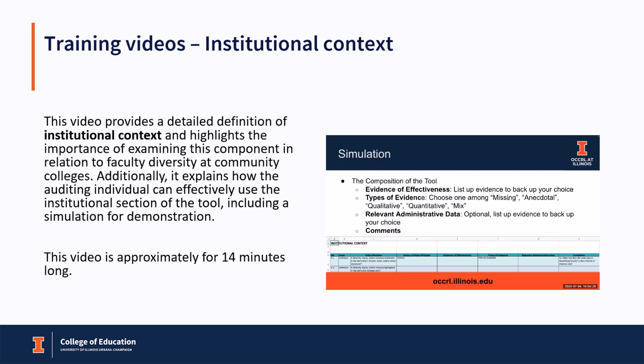The first one is missing if no evidence is available, and anecdotal in case there is anecdotal evidence such as testimonies of leaders, and qualitative in case the implementation of policies or practices is regularly documented through interviews or focus groups, and quantitative in case it is through data collection or analysis. And the last one is mixed in case it's backed up through 2 or more types of evidence.